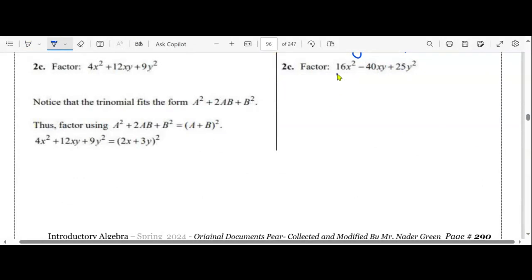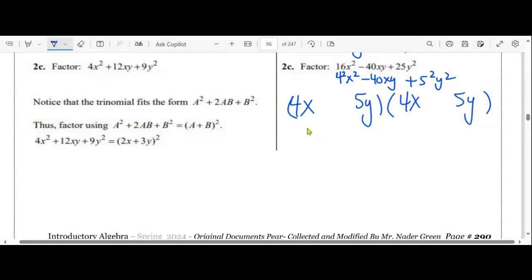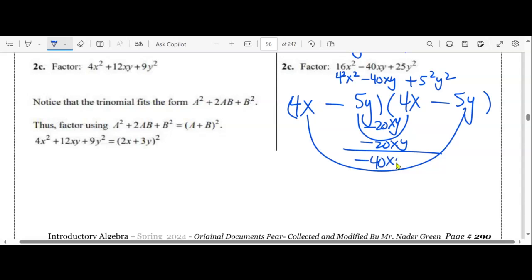I have 16. 16 is what by what? 4 squared, right? Minus 40xy plus 5 squared y squared. Okay? What should I put here? 4x, 4x. 5y, 5y, correct? Minus, minus. Now, if you're not sure, what should you do? Happy face. You get negative 20xy and negative 20xy. Does it total negative 40xy? The answer is yes, so you are correct.